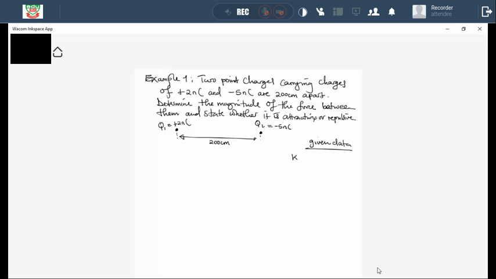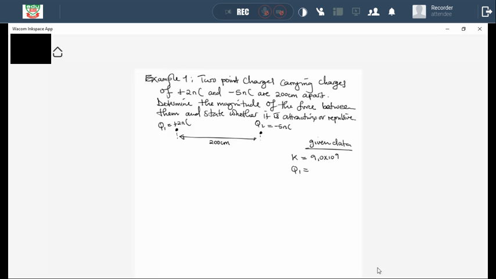Let me start with the constant because it doesn't change, which is 9,0 times 10 to the power 9. What else am I given? I'm given charge 1 in nanocoulomb. We must convert nanocoulomb to coulombs, so we multiply by 10 to the power negative 9.